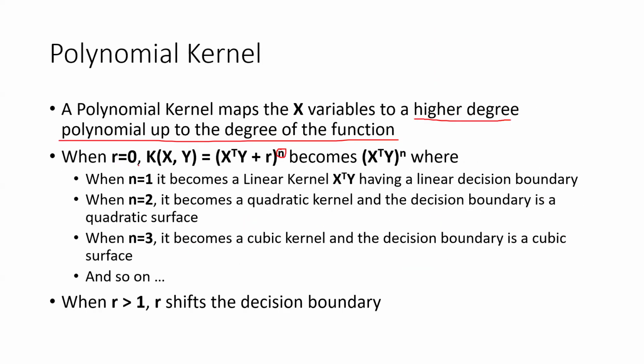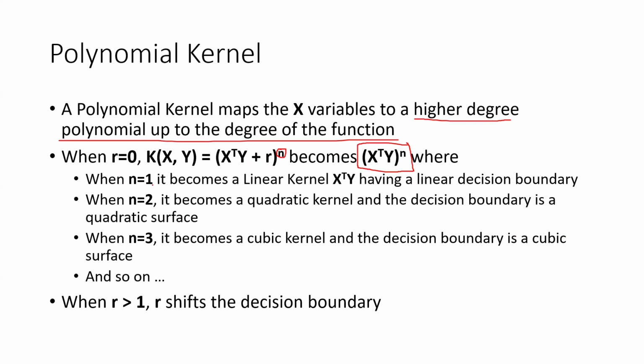If r is 0, that means there is no scalar value, and you would have only this term as the polynomial kernel, where you use the same linear kernel and take the nth power.